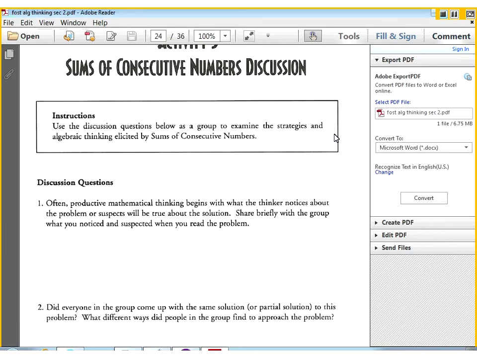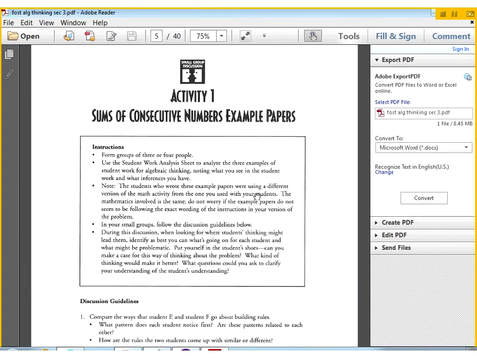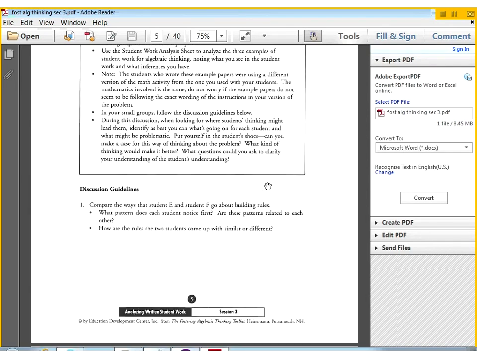Oh, it's in the next session, this one. Okay, so we're going to look at example papers for sums of consecutive numbers, this problem.